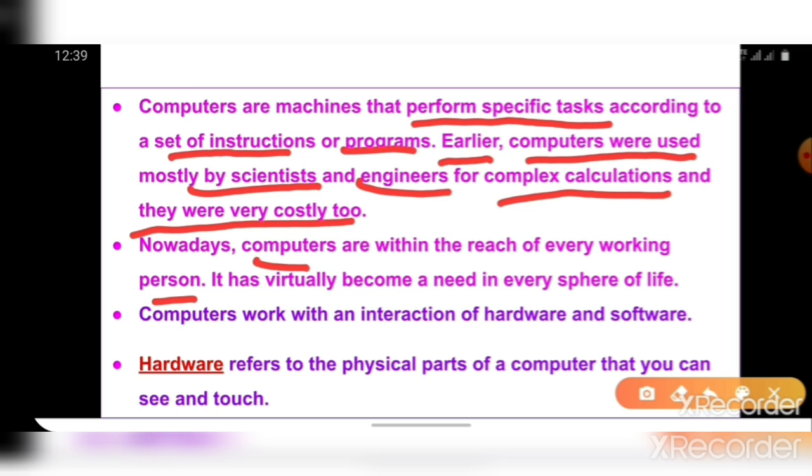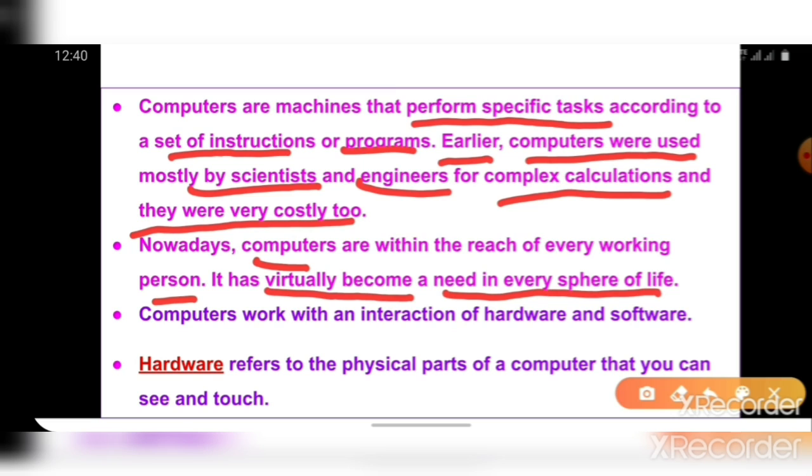Nowadays almost everyone is using computers. In this class, you might be watching this video on your computer or on your mobile phone, which is also a computer only. So computers have virtually become a need in every sphere of life.